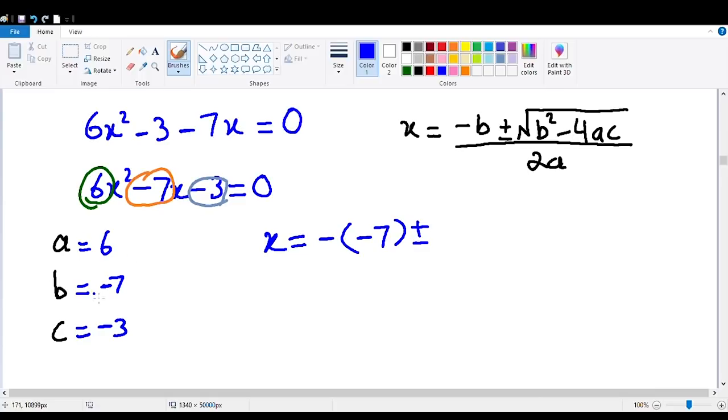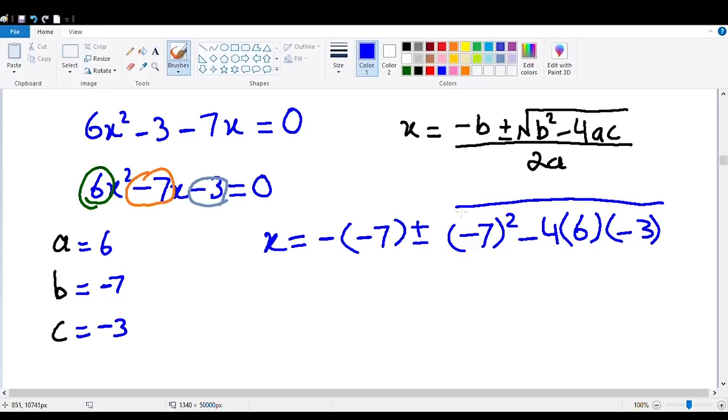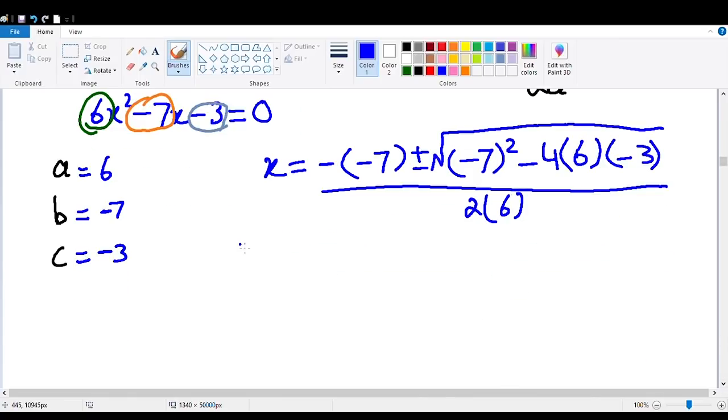You can see b's value is minus 7 again, so minus 7 squared, minus from the formula 4, a's value is 6 over here, c's value is minus 3, so we're going to pop in that, under root it, and then we have 2a, a's value is 6 again.